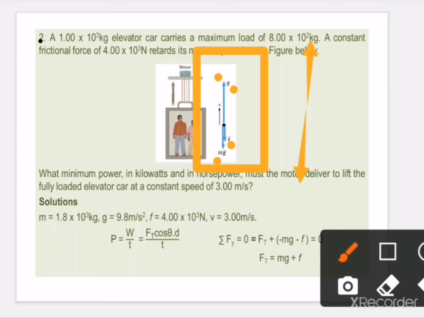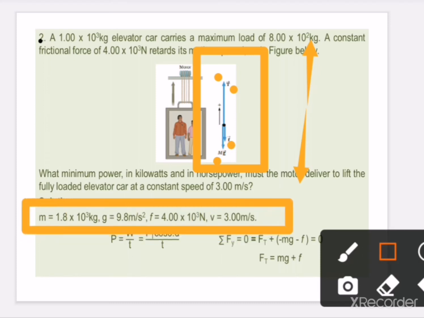Before we get into solving, let's put our data down so we can clearly refer to it. m equals 1.8 times 10 to the power 3 kg. g is 9.8 meters per second squared. F equals 4.00 times 10 to the power 3 newtons. And v equals 3.0 meters per second.